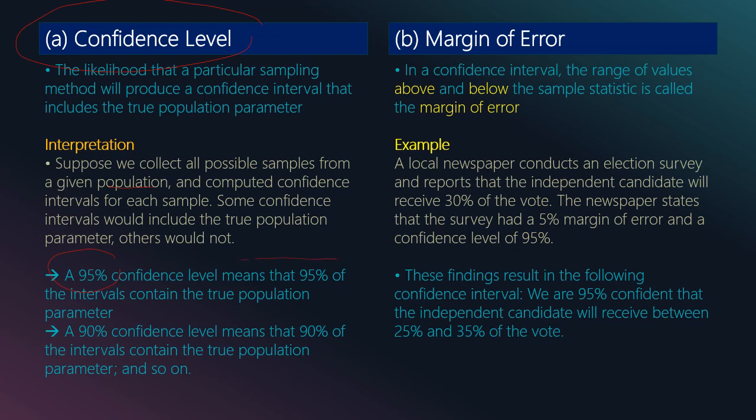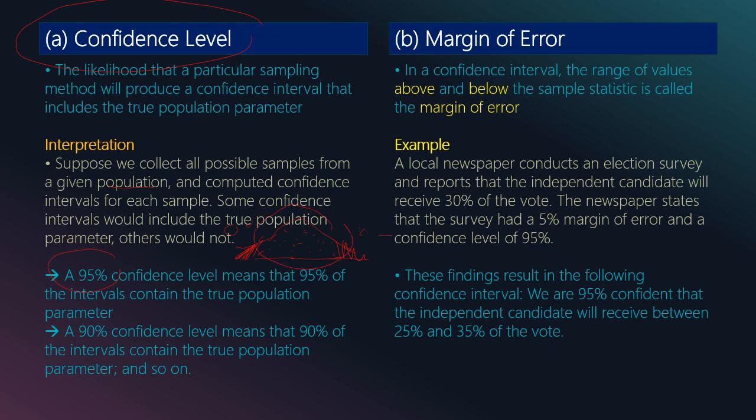Maknanya kalau dalam bagi contoh ni, 90% of the interval contains a true population. So, yang ni tak termasuk dalam true population. This is the 90% of the interval. And this one is 0.025 and this one is 0.025, which is not included in the true population.